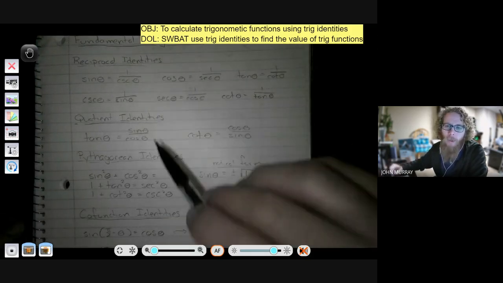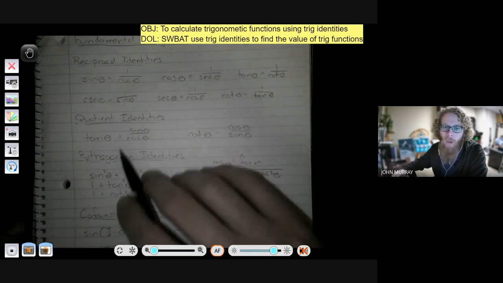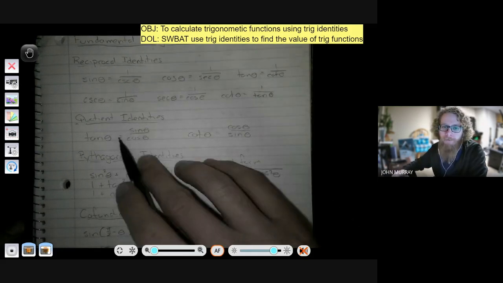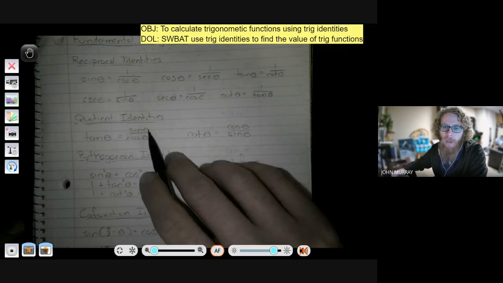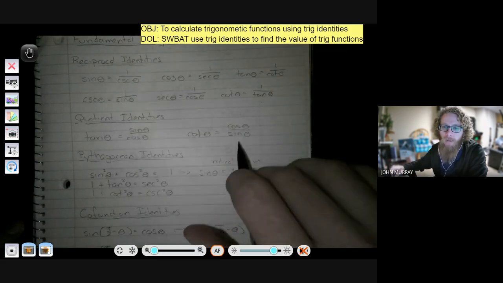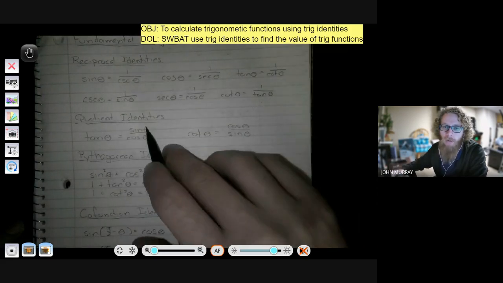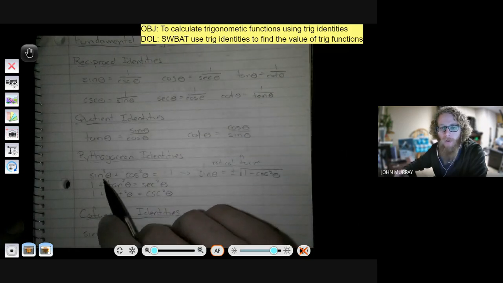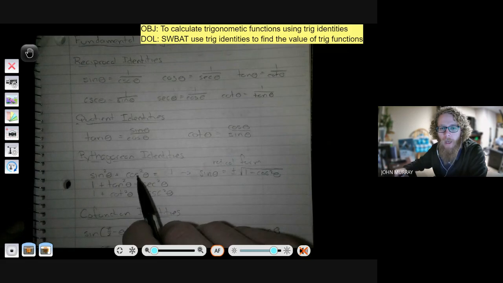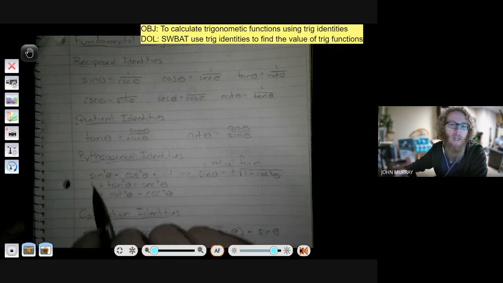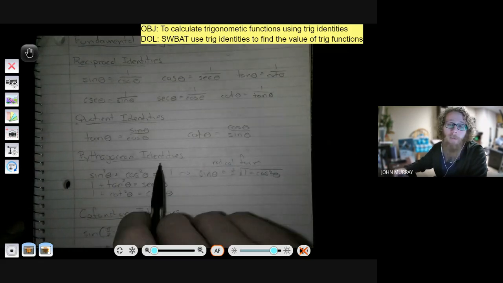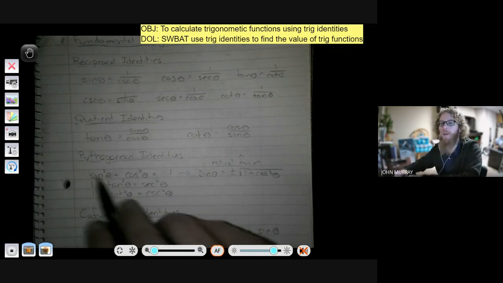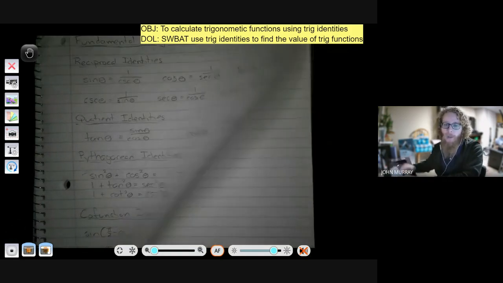Obviously, the reciprocal identity we already used. Quotient identity, I could find tangent and cotangent, but I don't know sine. I have cosine, but I don't know sine. Using a Pythagorean identity, if I have cosine, then I could find sine. So I'm going to use this Pythagorean identity to help me find sine.